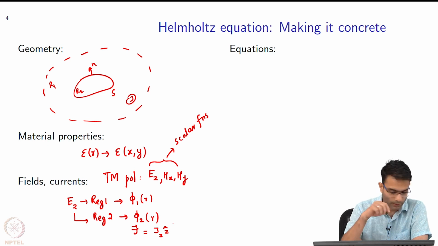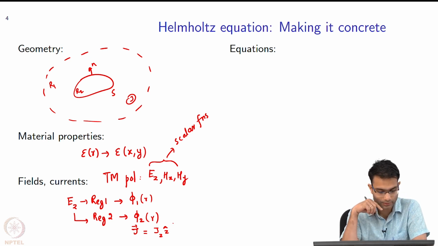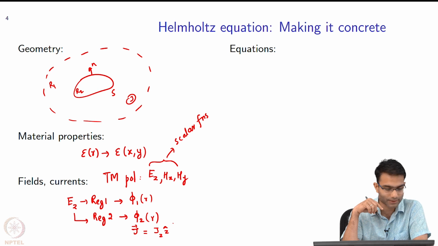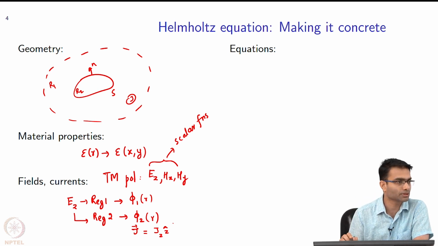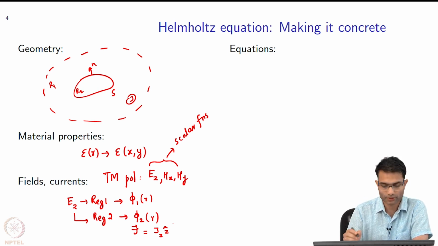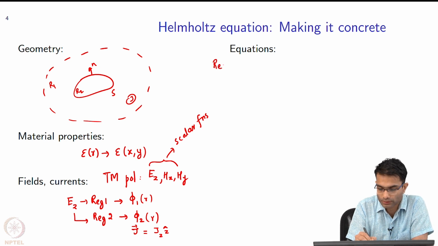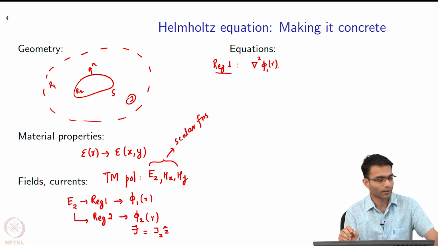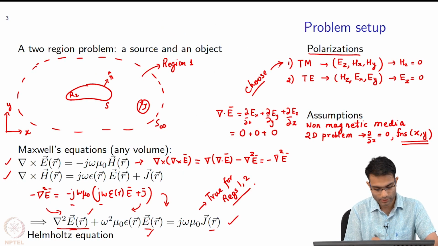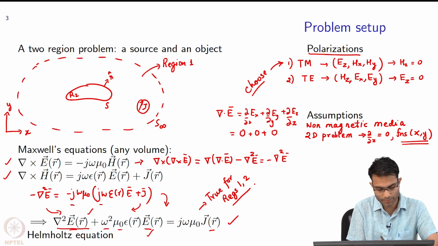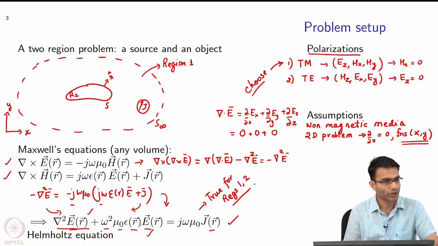All right. With these simplifications in place, let us write down the Helmholtz equations for both the regions. Region 1, first term was del squared phi 1 r, and then you had this omega squared mu epsilon r.